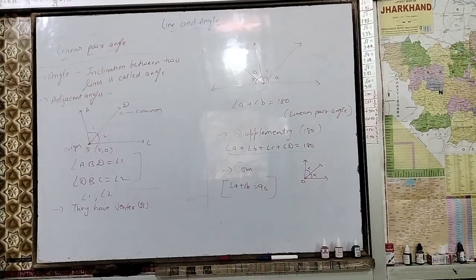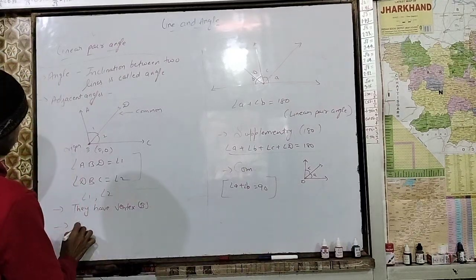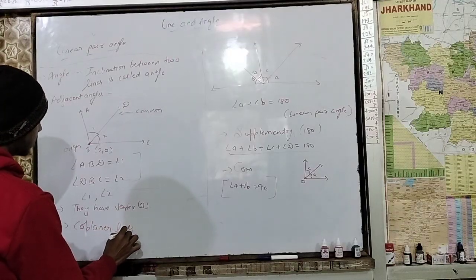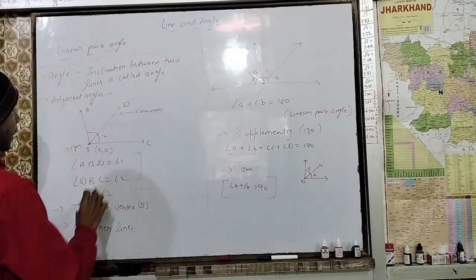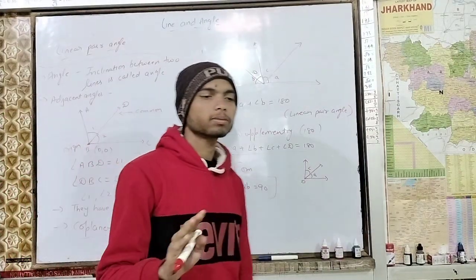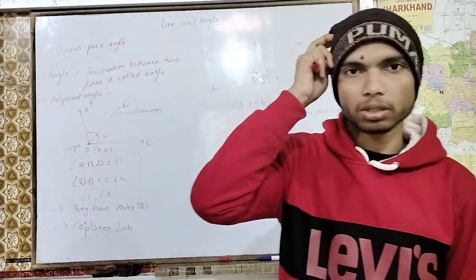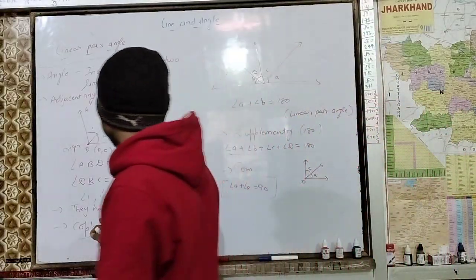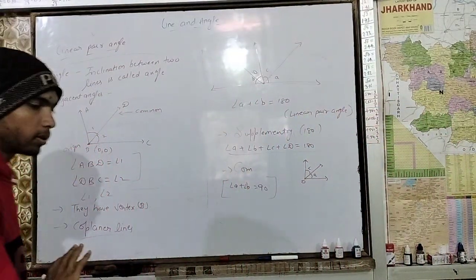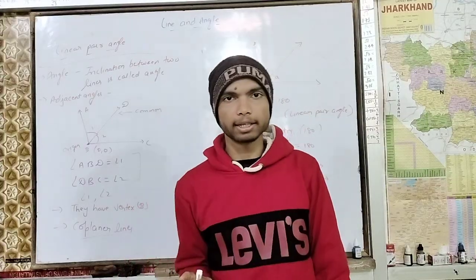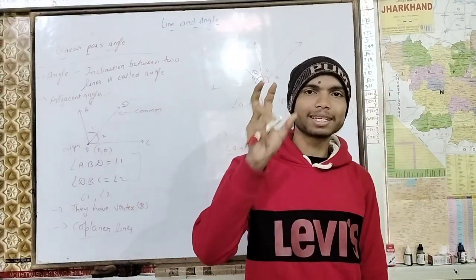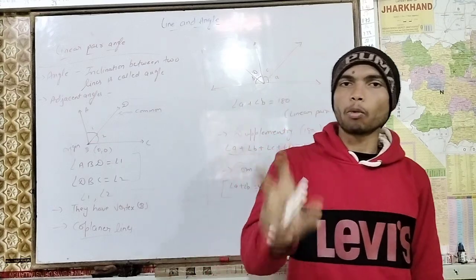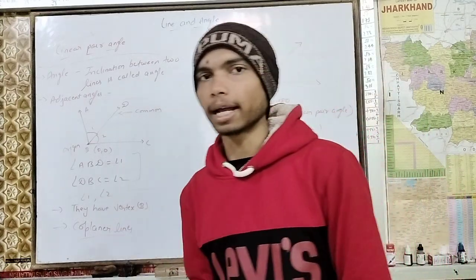Coplanar lines. It doesn't matter what the number of lines or angles is. If they are on a single plane, they will be known as coplanar lines or coplanar angles.